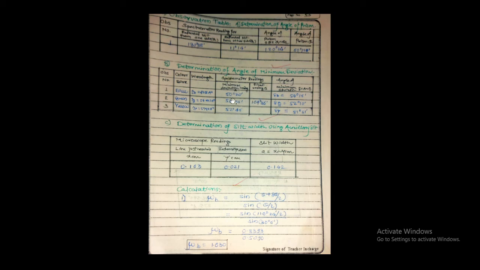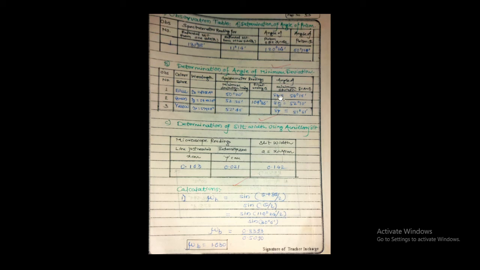These are the actual readings for blue color, green color, yellow color, and if we take the difference, then it comes out to be this.